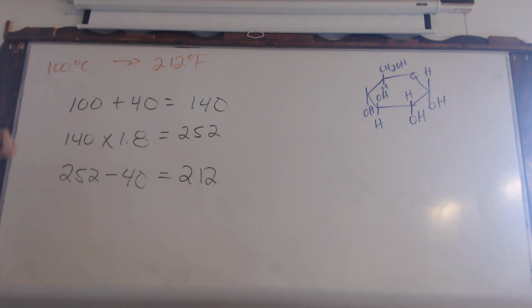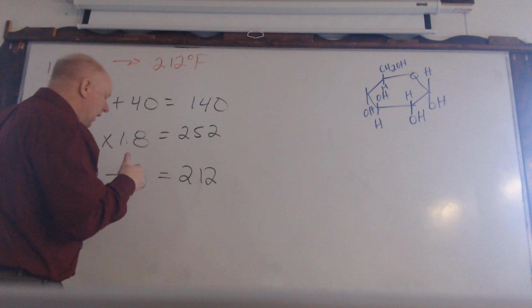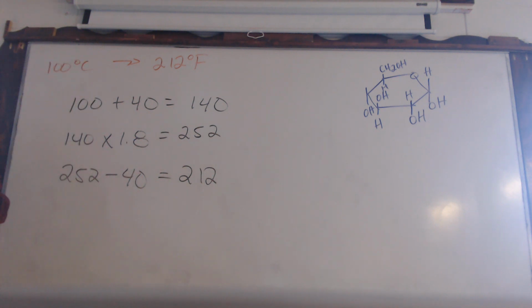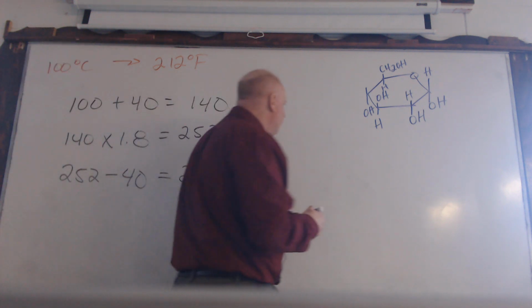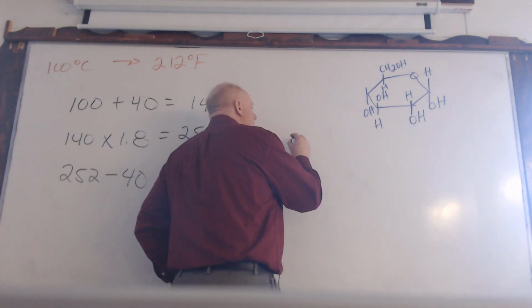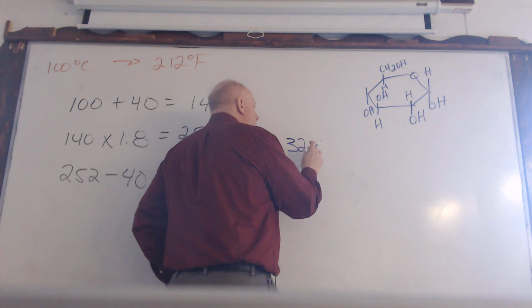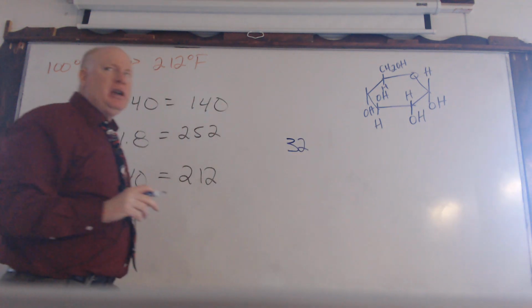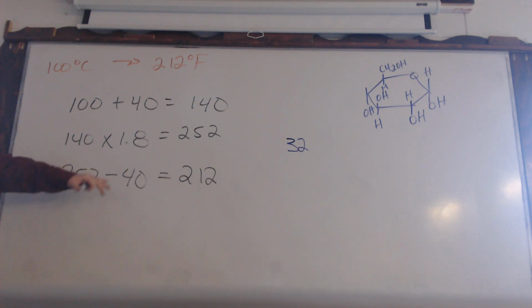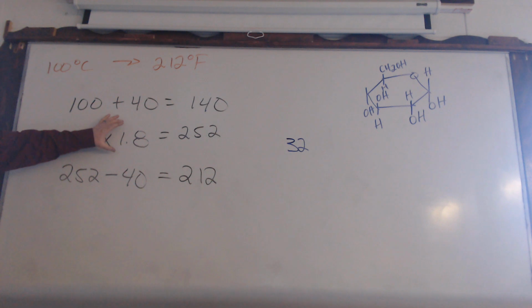So it also goes for the same aspect if you're going from Fahrenheit back to Celsius. You can take a known value. In this case, we can take freezing. So if we've got 32 degrees Fahrenheit and we want to change that to Celsius, the process is still the same, but this is where it would be slightly different.